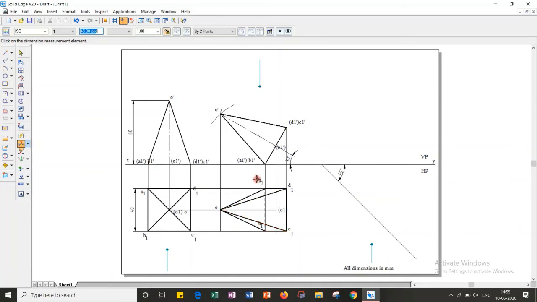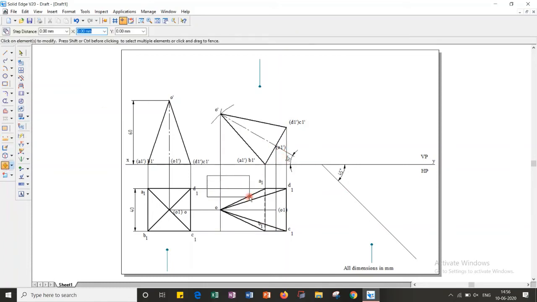After that, you have to copy this same object from second step to third step such that this is the resting side. Resting side should be making an angle of 45. So you have to place this A1 B1 on this 45 degree line. So you have to copy this diagram.